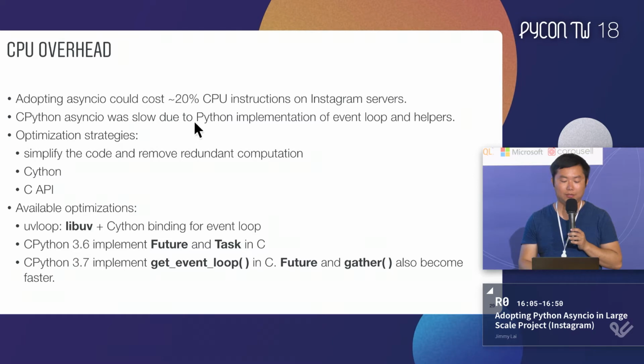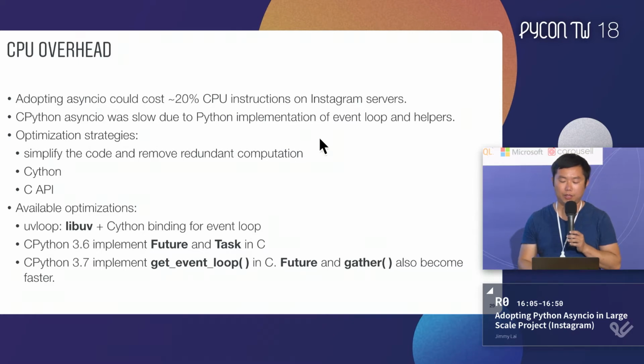And in the end, we identified it's slow because most of the async IO implementation is implemented in Python. So in CPython, many of the libraries are implemented in Python, not in C. Python is more readable, but it has an efficiency problem, including the implementation of the event loop and helpers.